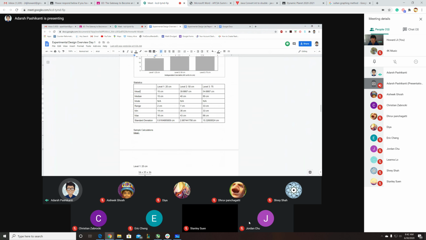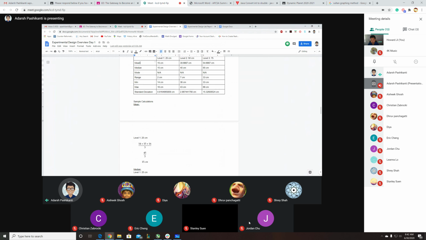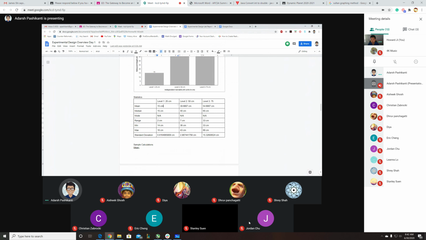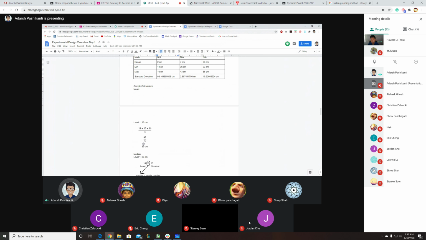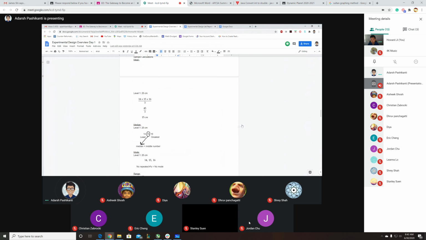For example, to show how we calculated the mean, we take this example and show, okay, for this specific mean, we did this, and then we got this. This is the easiest way though. And for standard deviation, you would do the same thing, but I got lazy.